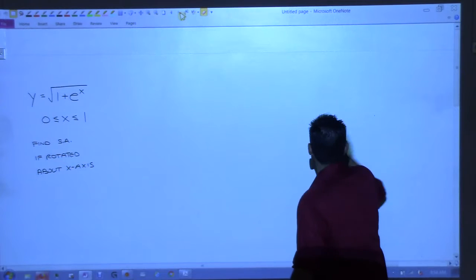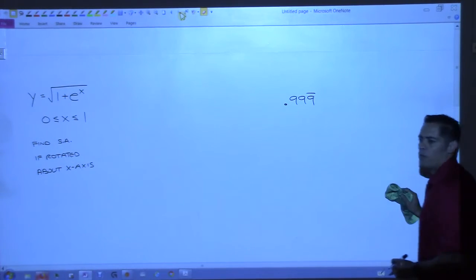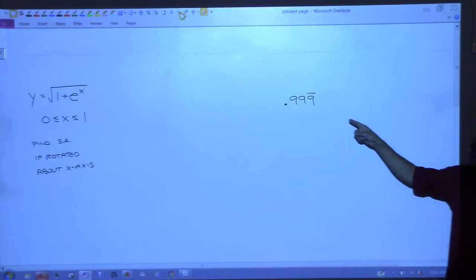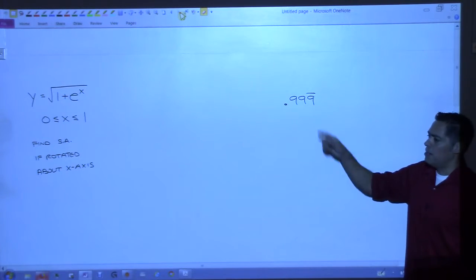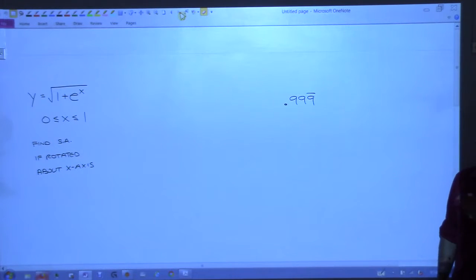A lot of people think that this number is the number right next to 1, but it goes on forever. It's okay that it goes on forever. 0.999 repeating decimal is a really good candidate for the number right next to 1. It'd be really hard for me to find something closer.